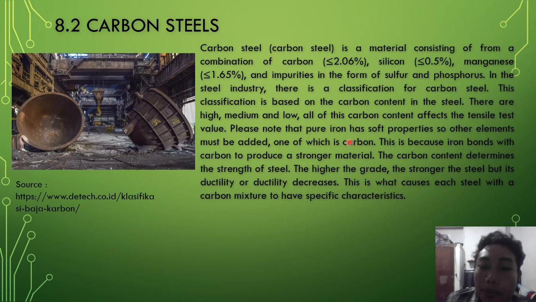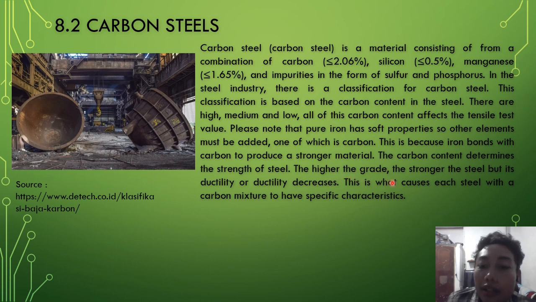Pure iron has soft properties, so other elements must be added. One of these is carbon. Iron bonded with carbon becomes a stronger material. Carbon content determines the strength of steel.